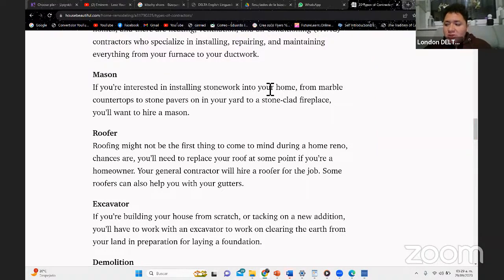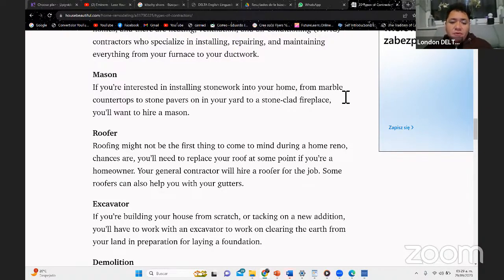So yes, they can make walls out of bricks. Pueden hacer, por ejemplo, todos los muros hechos de tabique o de piedra. But they can also make anything that you need with stone, from marble countertops, que son las barras para cocina de mármol, hasta cualquier cosa que necesites con piedra, right? That's the mason.